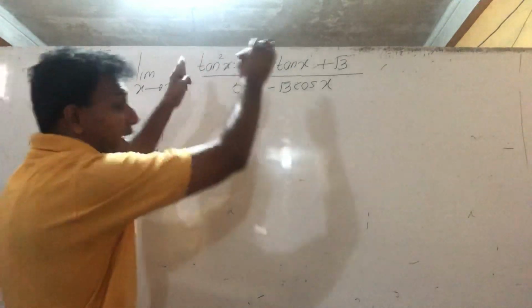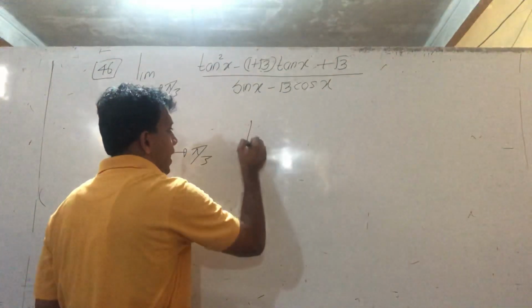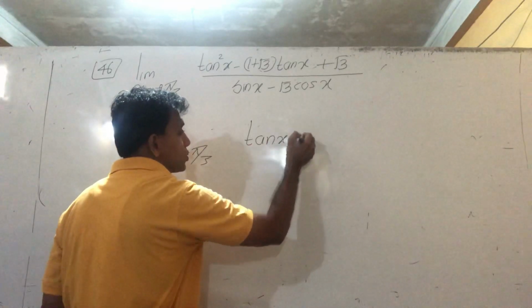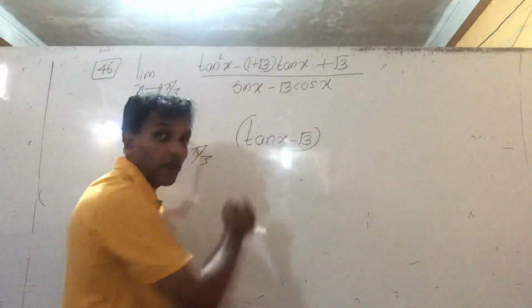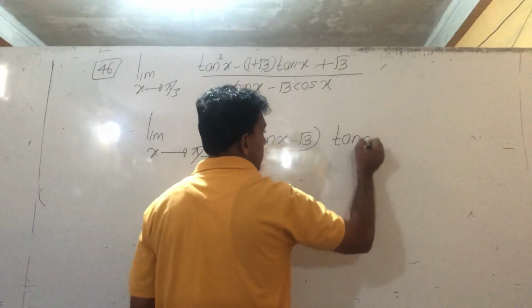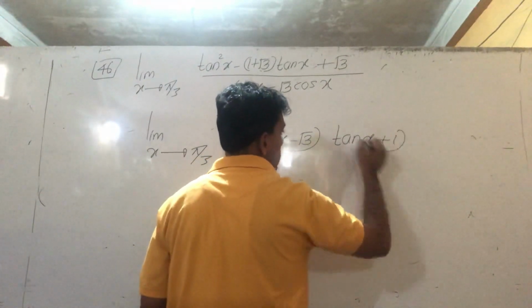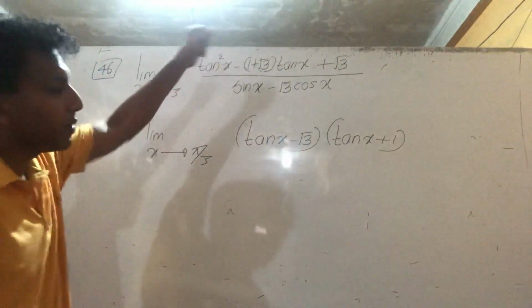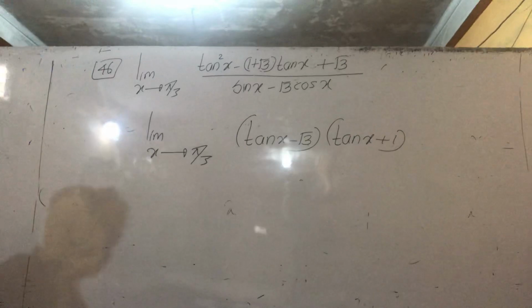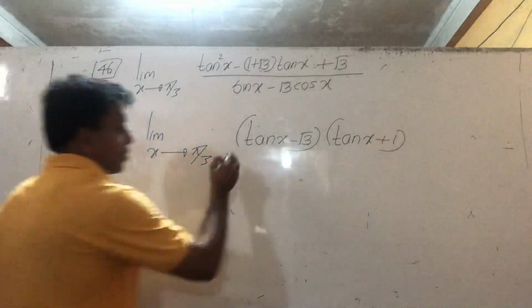You can factorize this: tan x minus root 3, x minus alpha into x plus alpha, tan x plus 1. Check. If you multiply, that becomes the answer. It's a simple way.